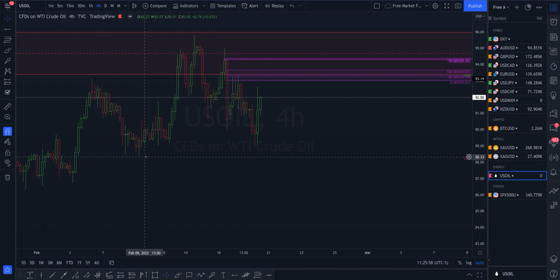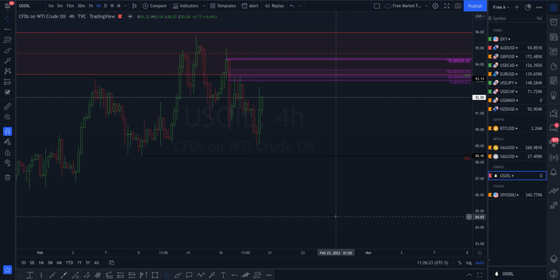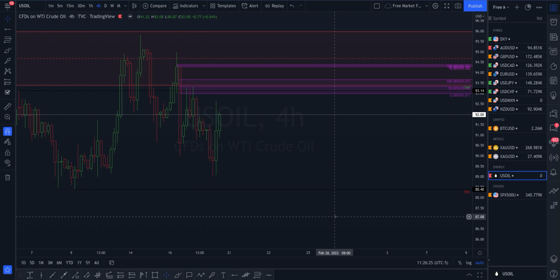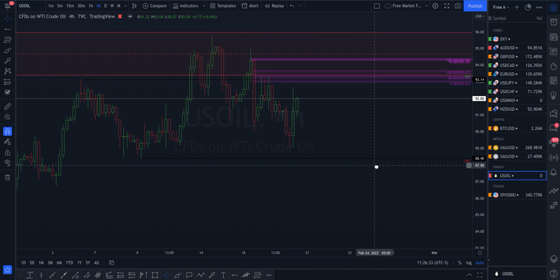However, this low has not been taken out, but this low was taken out here. This one candle took out two lows. This low was taken out here. So yeah, I'm still thinking bearish on this, but we just don't have any bearish areas of interest.